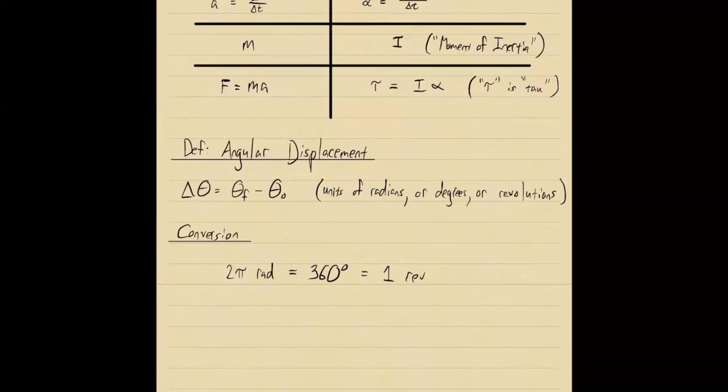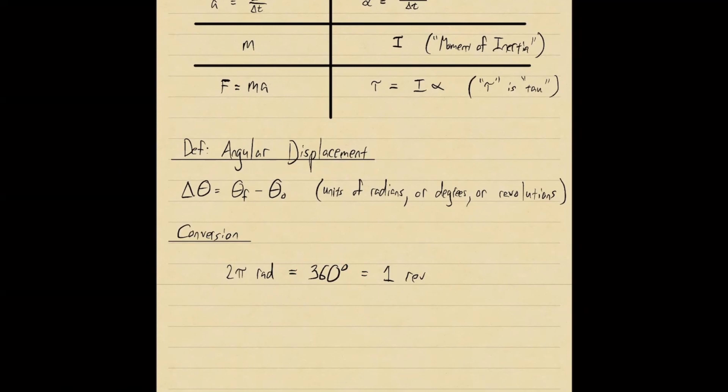So we've actually got a couple of conversions here. We have radians to degrees if you just look at this part, degrees to revolutions if you just look at this part, and then radians to revolutions if you just look at these two things. So every single one of these is the angular displacement of an object moving around its axis of rotation a single time.